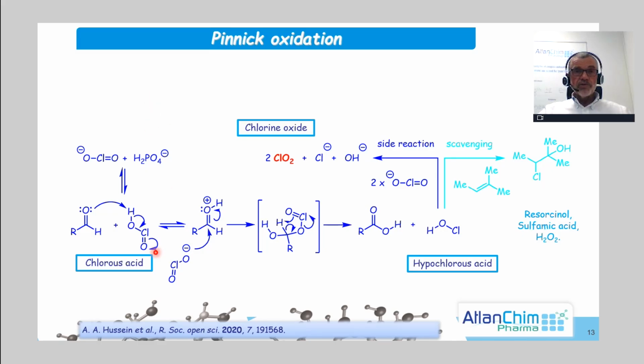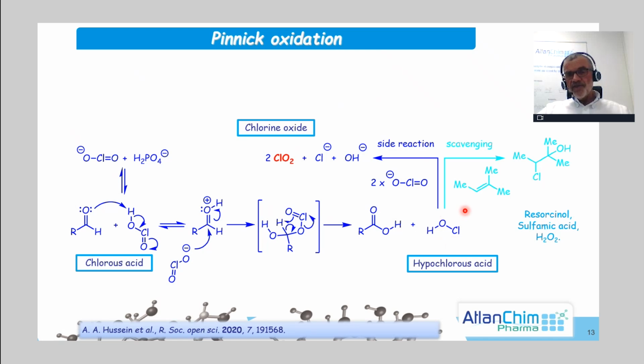It has been proposed that the reaction mechanism begins with a protonation of the aldehyde by chlorous acid here, formed in situ from sodium chlorite under acidic conditions, to give this first intermediate, followed by an attack of a chloride ion on the carbonyl group to form this chlorite hydroxyallyl intermediate, which undergoes pericyclic fragmentation to release the carboxylic acid and hypochlorous acid as a byproduct.